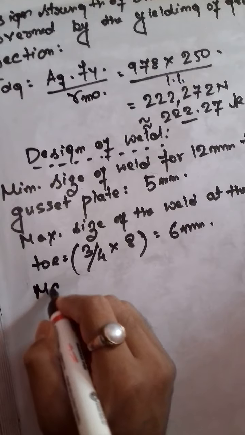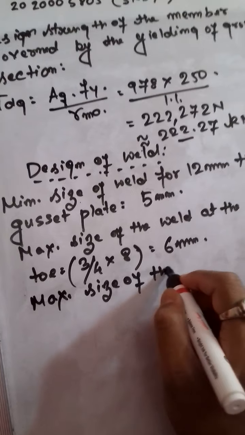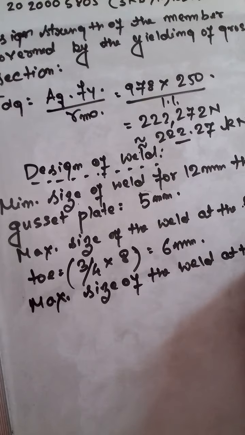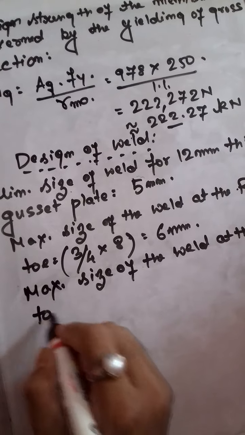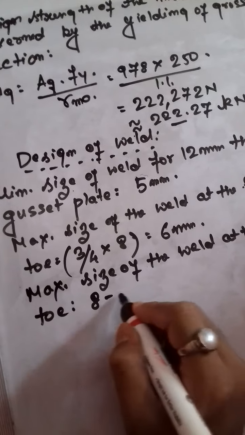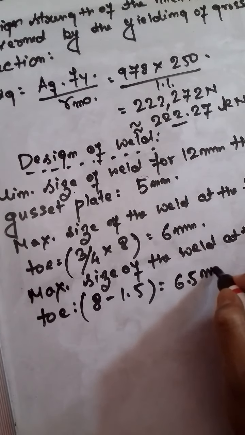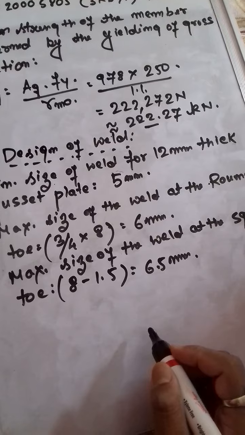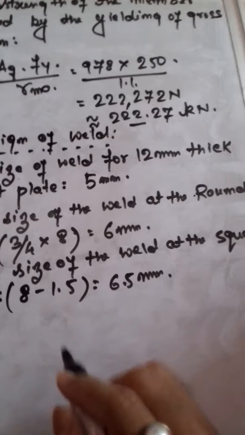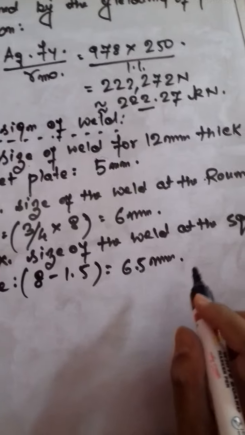Now coming to the maximum size of the weld at the square toe, we know it is equal to thickness of the member minus 1.5, so it is equal to 6.5 mm. Okay, now you can ask me why we are using both round and square toe. Because here one angle is connected to a gusset plate, right?